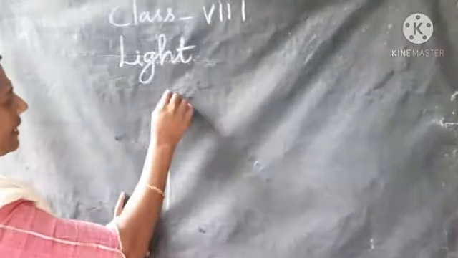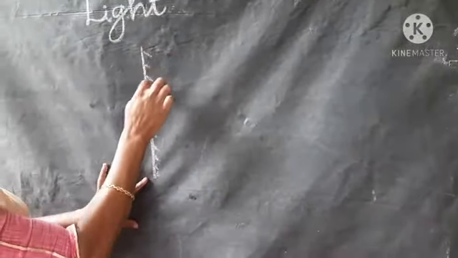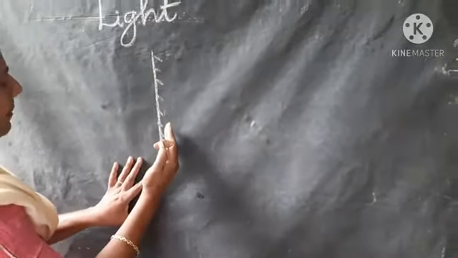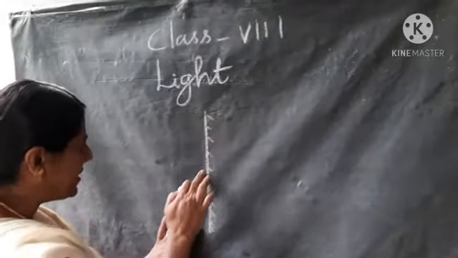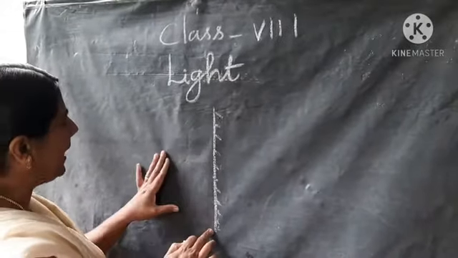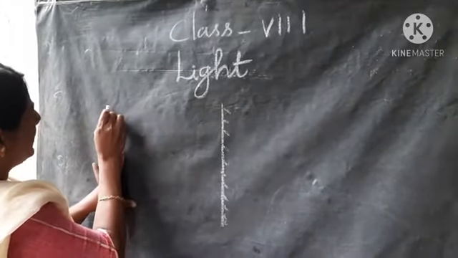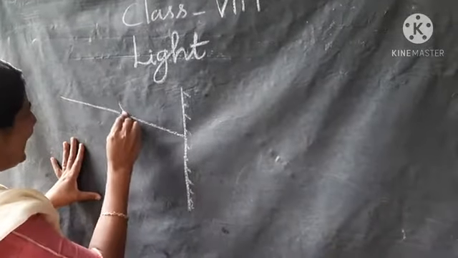It is a mirror. Let us see, it is a plane mirror. And this line indicates that you could have seen at the back of the mirror, it is covered with a colored substance. Only this is the polished surface. Am I right? Yes. The light which is coming from the object is called incident ray.